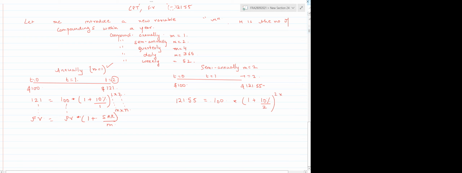So in this form, FV is equal to PV into 1 plus SAR by M, to the power M into N. Right.